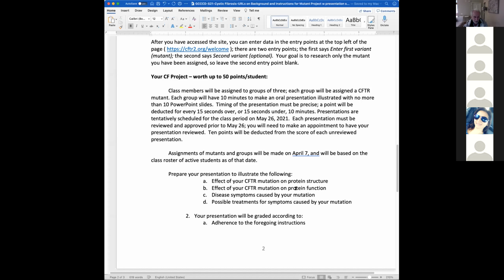And so your particular mutant will affect that process at some point. Then what are the disease symptoms caused by your mutation? And what are possible treatments for the symptoms caused by your mutation?